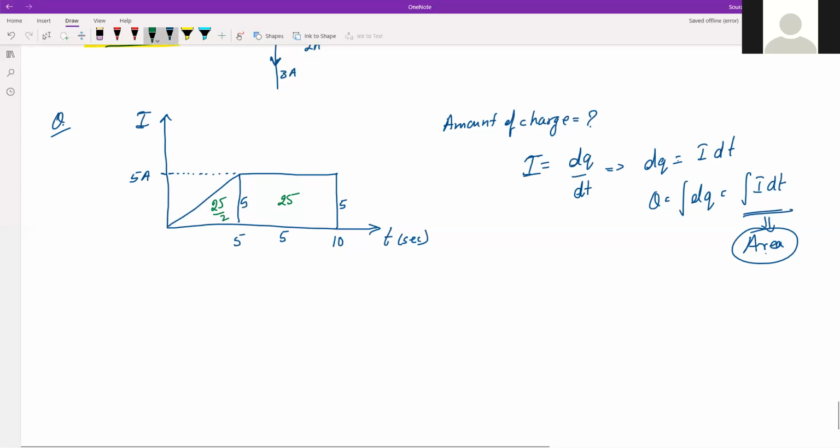So the total charge will be equal to 25 plus 25 by 2, that is 25 plus 12.5, or 37.5 coulombs. So that's how you can solve questions based on this, which is the basic definition of current.